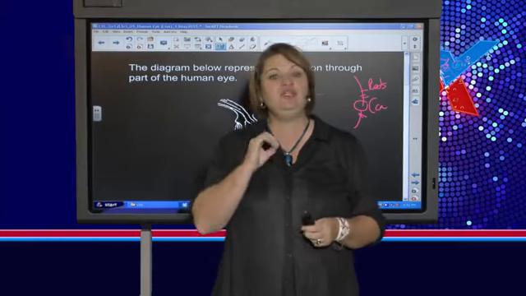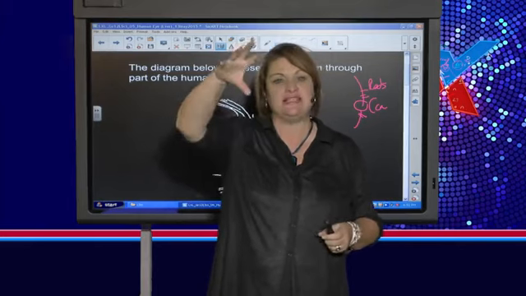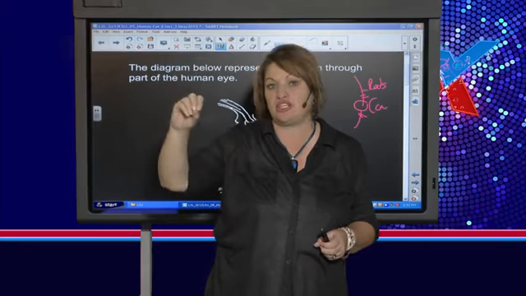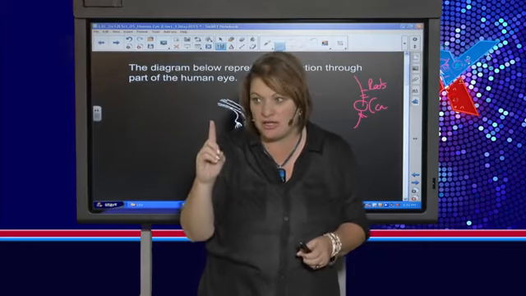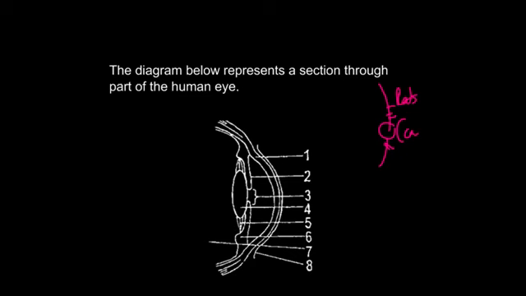Shileti says, which part of the eye is mostly sensitive? The retina. When we talk about sensitivity, it means a stimulus is going to cause a reaction. I think what she might be asking, if you have a look at this diagram, is that there is a little structure over here which is not labeled, which is the conjunctiva.